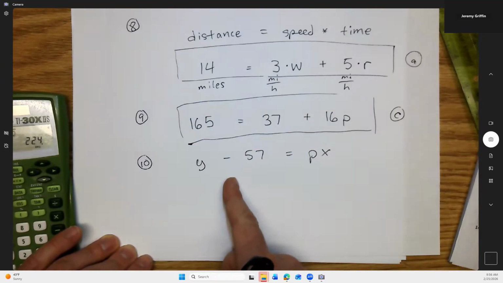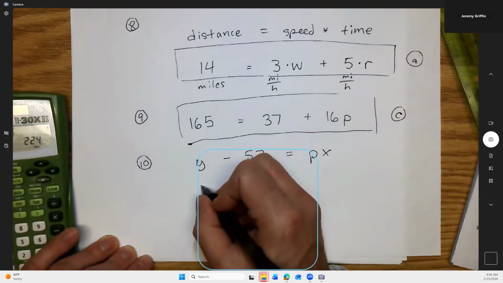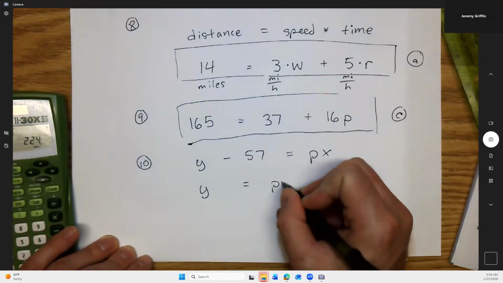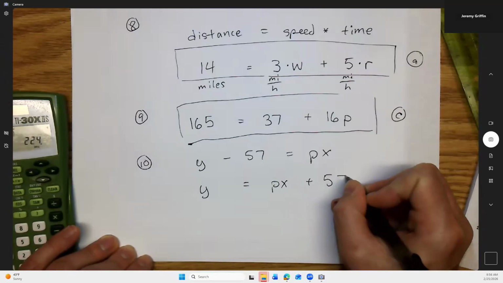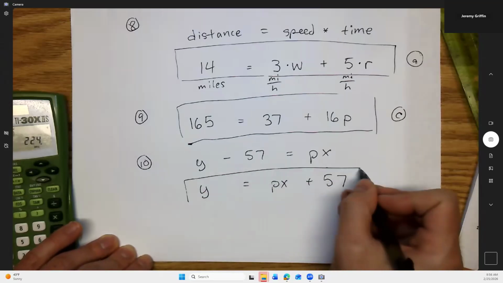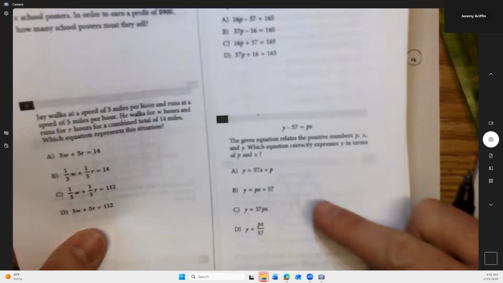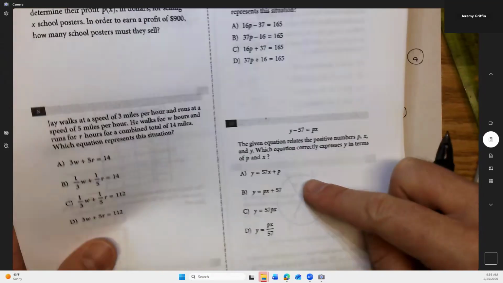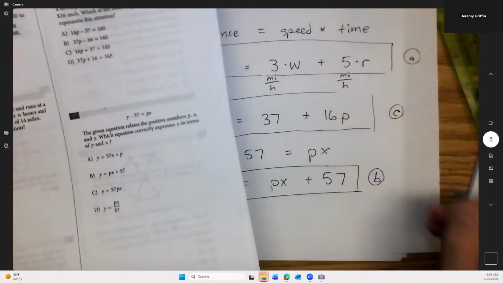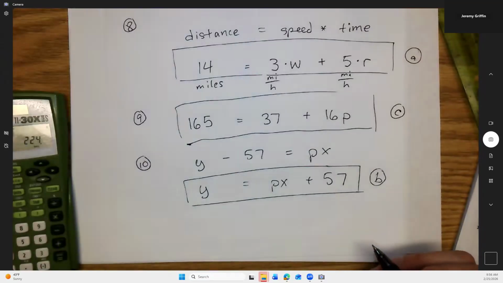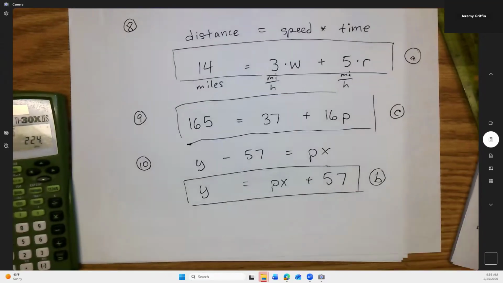Oh, well, actually, it's just one step, isn't it? Just add 57 over. It should be px plus 57. All right, that looks like option B. Okay, it's number 10. Yep, 10 is B. All right, everybody's good with 10 is B? Yeah. 10 is B.